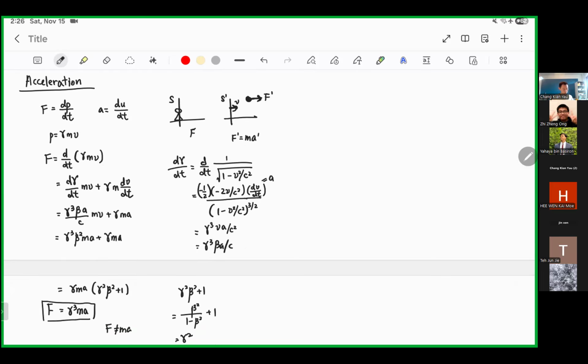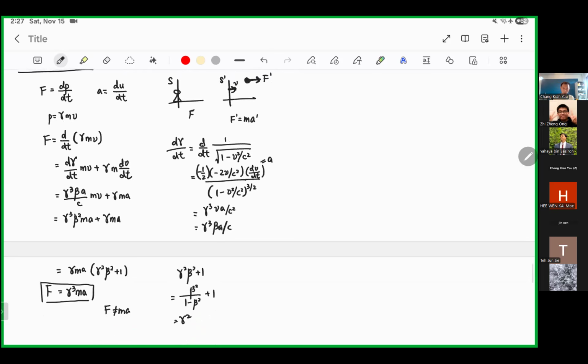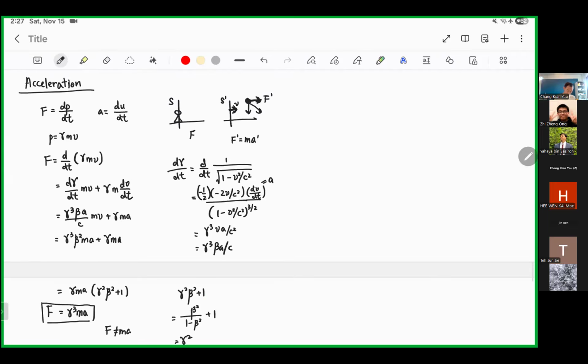Technically, you can also do a case where the force isn't in the same direction. Let's say I define a force here, and then you can separate it into two directions, one parallel to this velocity and the other perpendicular to it.